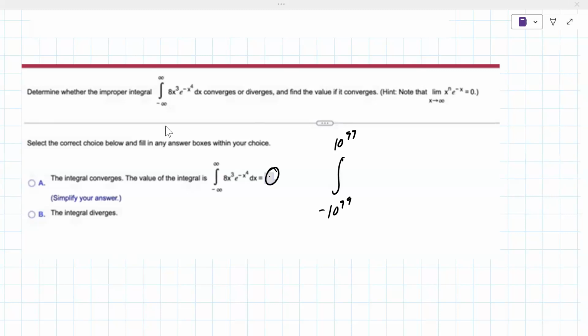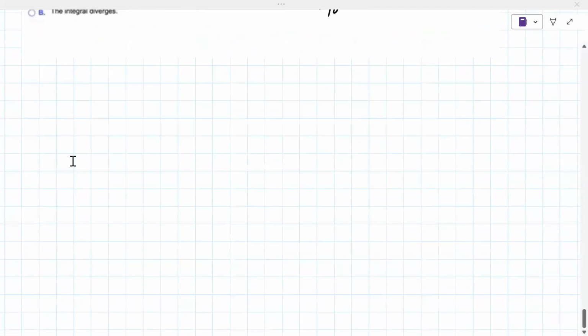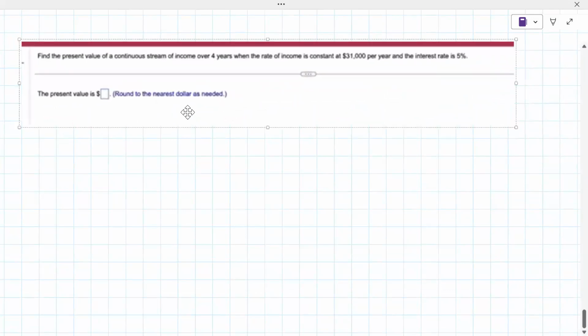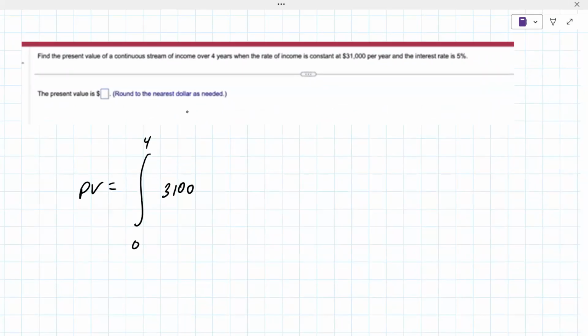And then the two really left are the ones that we were doing practice on, right? Let me do this one for you. This is the faster one, and I'll leave you one left. That's from 4 years, 31,000 e to the minus 0.05 x dx.